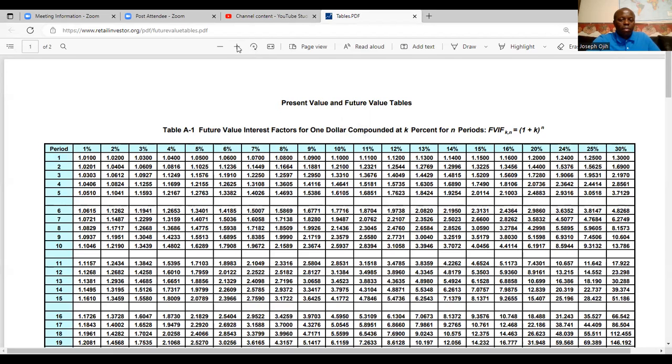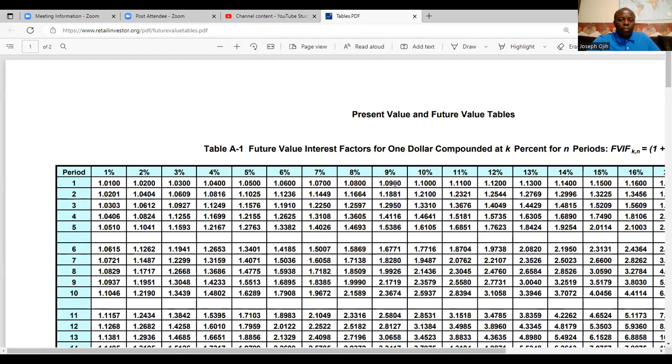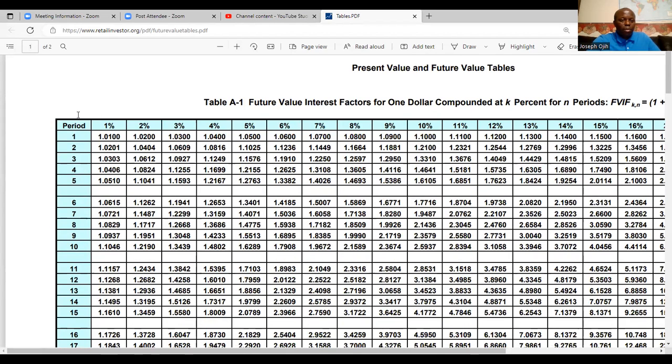Let me make it a little bit bigger. Period is 5 years, go under 10% right here. 10% and 5 years is 1.6105. So you go and type it in.